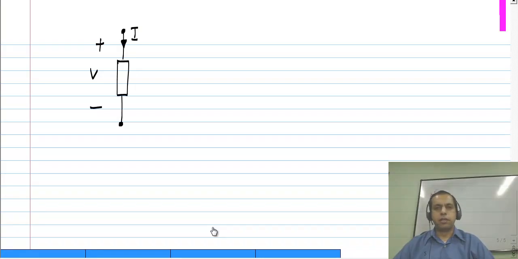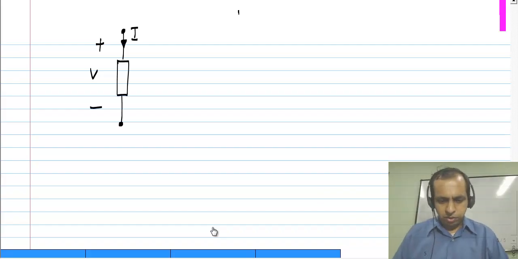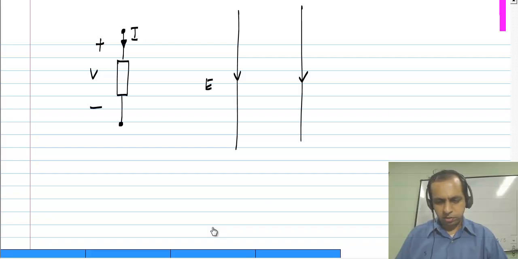So just like in gravity, a mass falls from higher potential to lower potential, a positive charge falls from higher potential to lower potential in an electric field. That's the definition. So if you have an electric field like this, you know that a positive charge will tend to move in that direction.